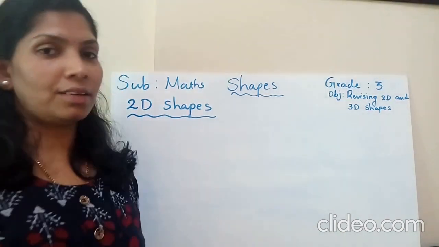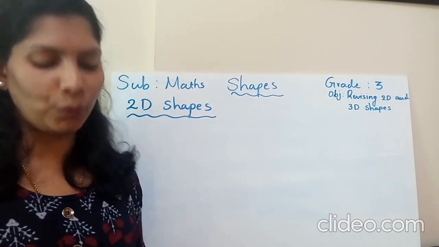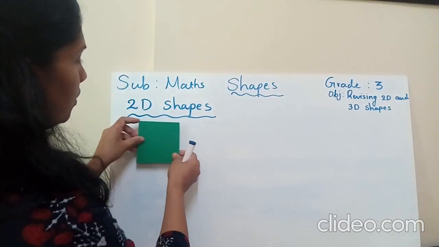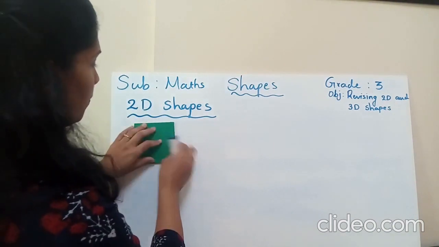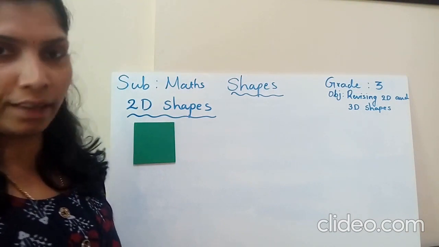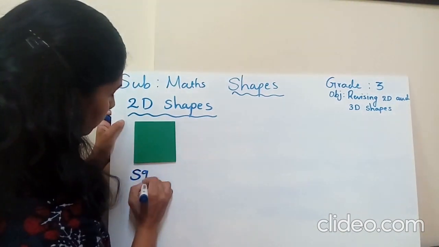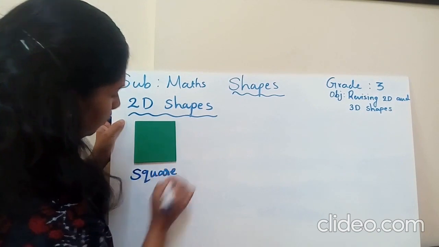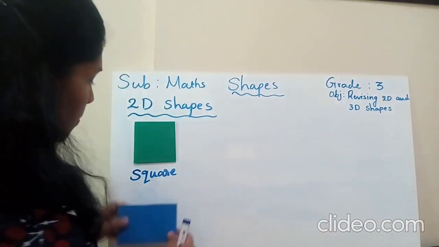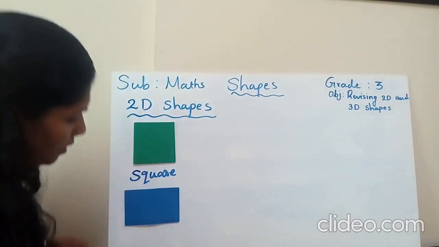So let's start. What 2D shapes did you learn in grade 2? First, start with this shape. What is this shape? This is called a square. The next 2D shape is a rectangle.